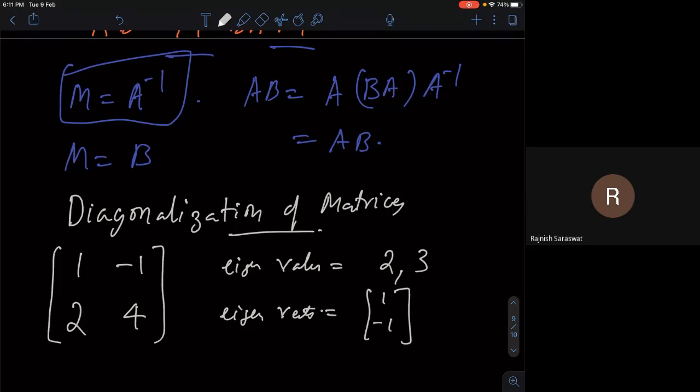So what is 1, minus 1? It gives me something. Yeah, for the eigenvalue 2, 1, minus 1 is an eigenvector. And for 3, do you remember, or can you find that out now?